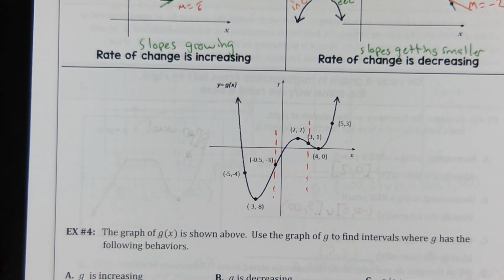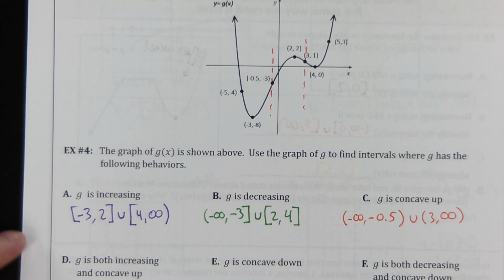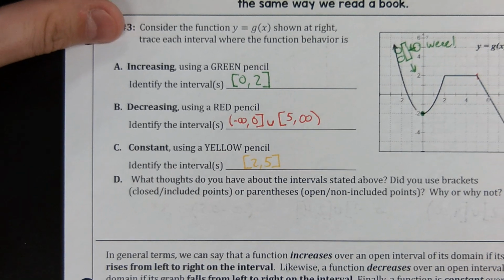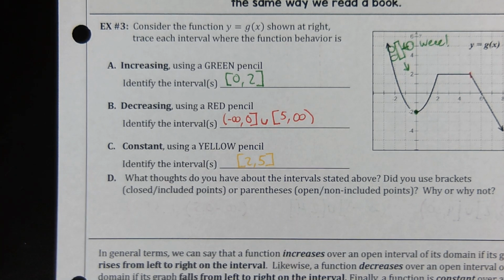Why wouldn't the concavity get brackets? I think the real question is why does increasing, decreasing, constant get brackets? When I took calculus and with my math degree, I firmly believe that brackets here on increasing, decreasing, constant are inappropriate.